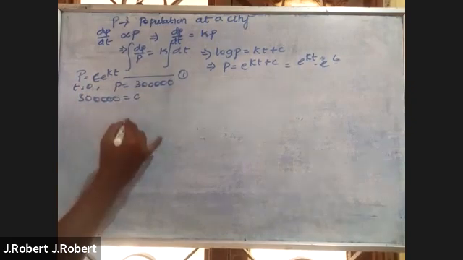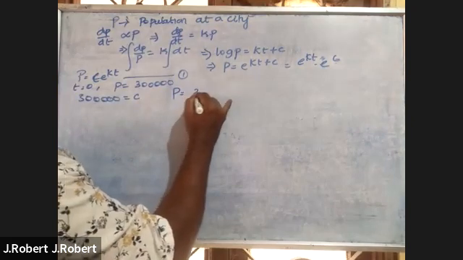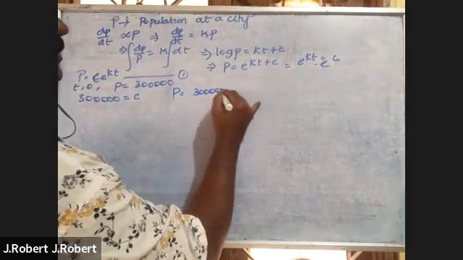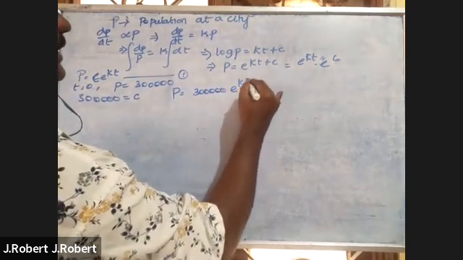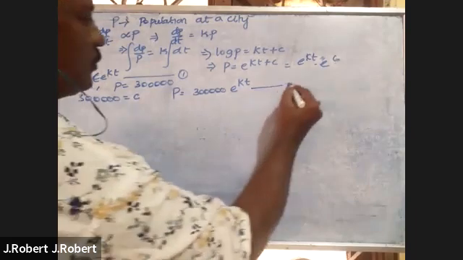Anything power 0 is 1. Your C is equals to 3 lakhs. Therefore p is equals to 3 lakhs e power kt. So population கண்டுபிடிச்சாச்சு. Let us take this as equation 2.